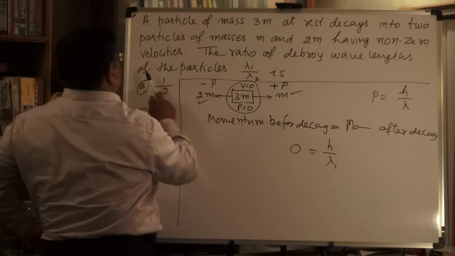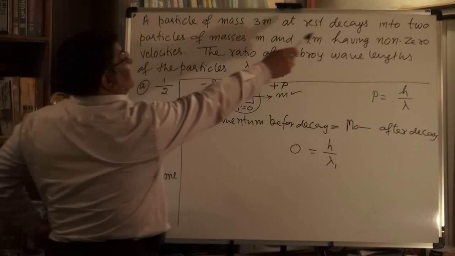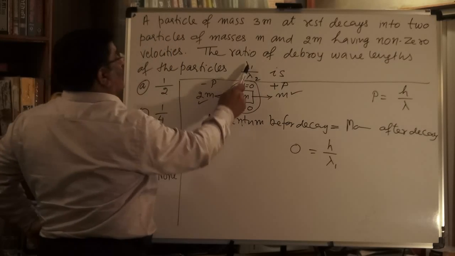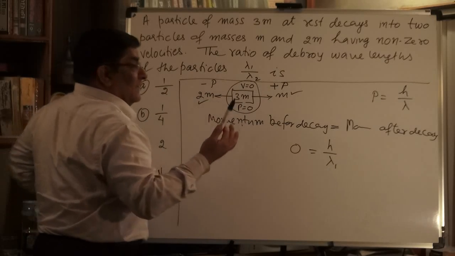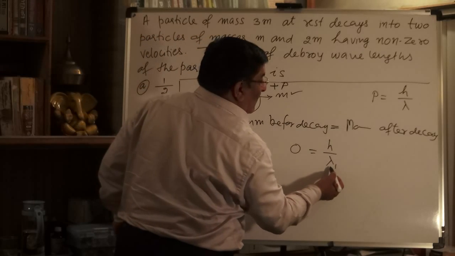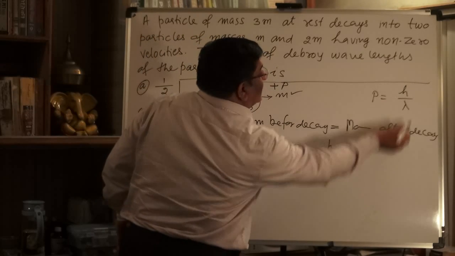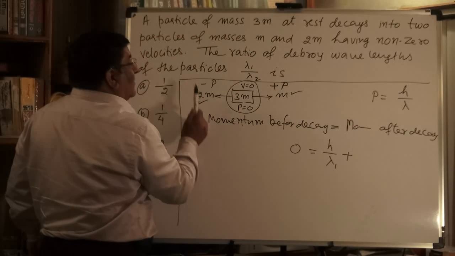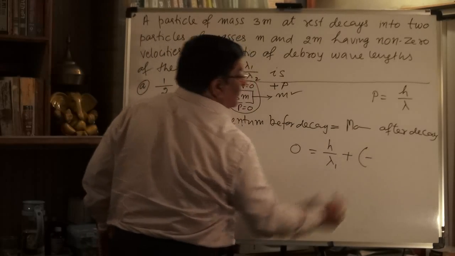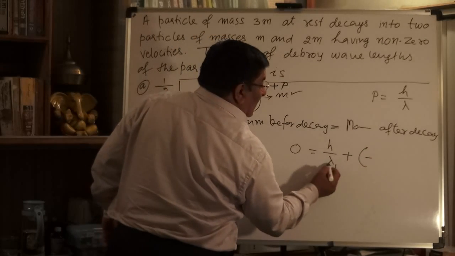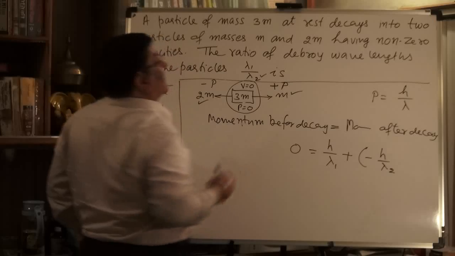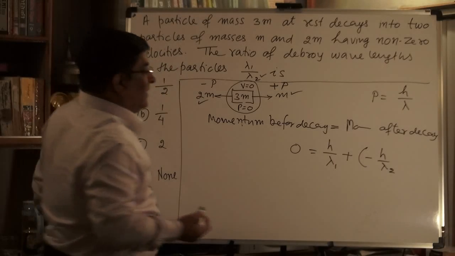Their velocity may be different, their wavelength may be different, or may be the same. So 0 is h upon lambda 1 plus the momentum of the second particle. Momentum of the second particle is negative in sign, and if we get the relation with lambda, it is h upon lambda 2. Lambda 2 is the wavelength of the second particle.